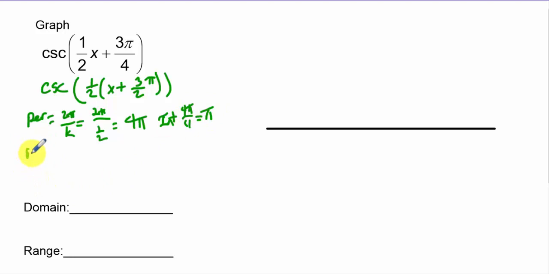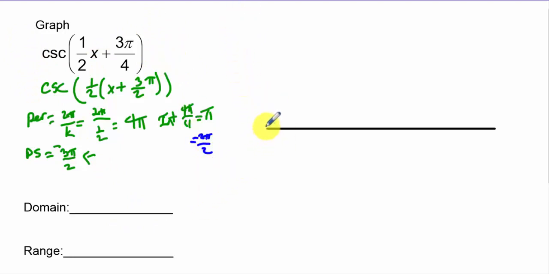Our phase shift appears to be 3 pi over 2 of the negative type, so that goes to the left. And notice I'm going to change my intervals to, in this case, 2 pi over 2, like so. So we can match these guys up. And I have no amplitude change and no midline change, so I'm going to start plotting things.